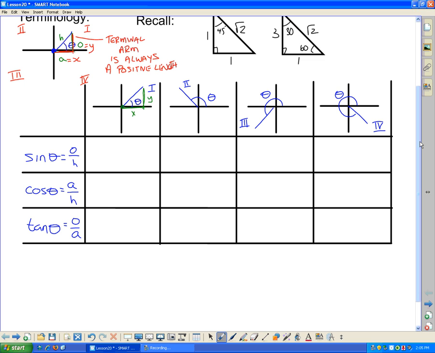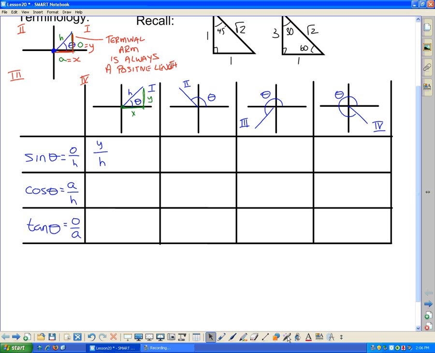So the terminology then, opposite over hypotenuse, if you look above, opposite is your y value, adjacent is your x value, and then the hypotenuse is your terminal arm. So the terminal arm is, and I'm going to leave it as h since it's something you're comfortable with, sine is opposite over hypotenuse. So it'll be the ratio of opposite is y over hypotenuse, h.